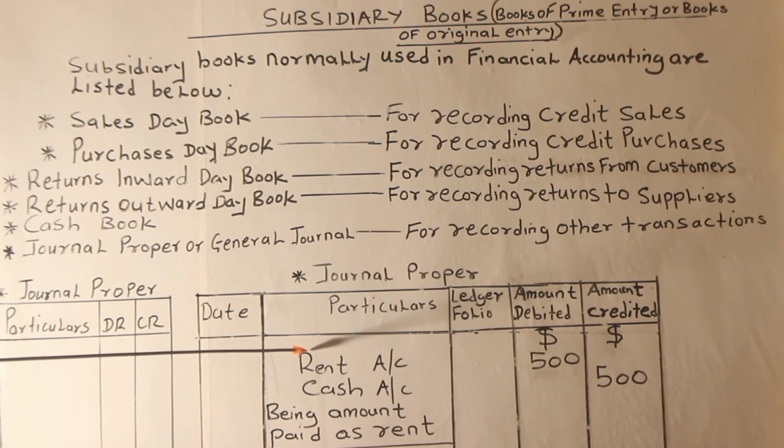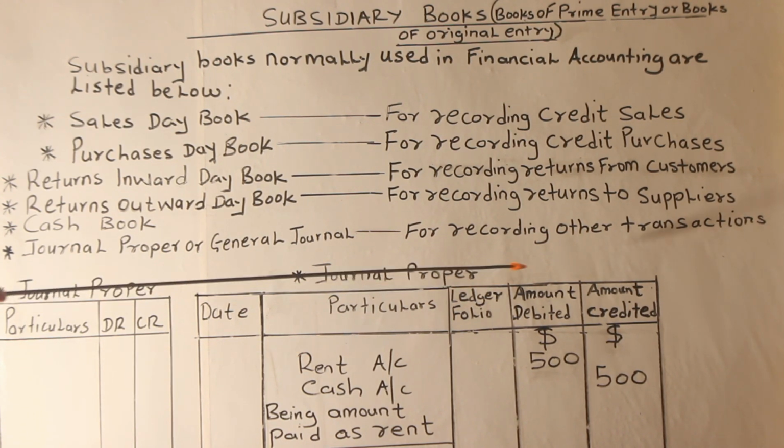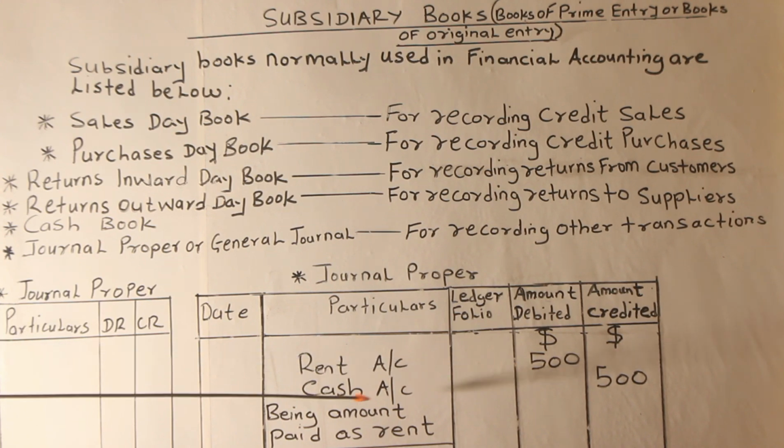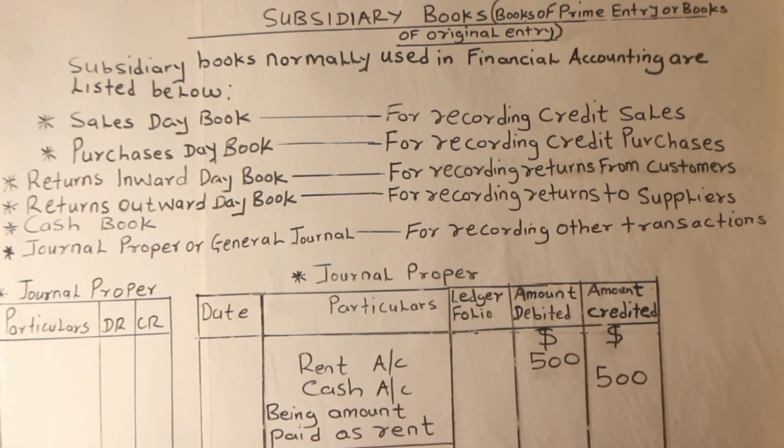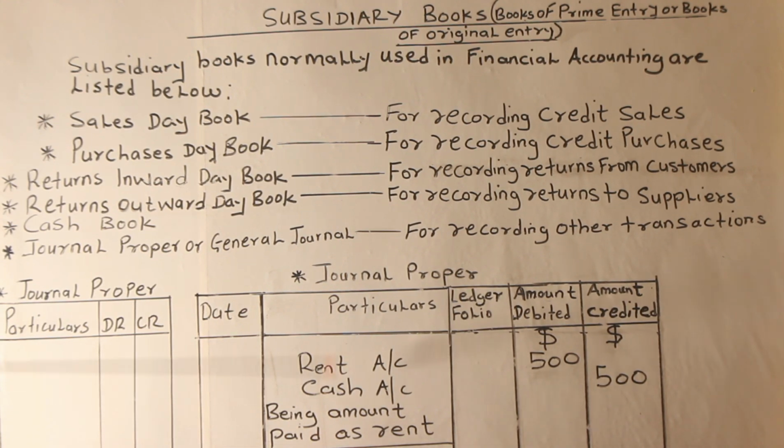So, the account to be debited is recognized. The column for debit entries is here. The account to be credited is recognized and placed at the column for credit entries. So, journal proper is all about showing the account to be debited and the account to be credited. It can be used by an examiner to test your knowledge of accounts to be debited and accounts to be credited.